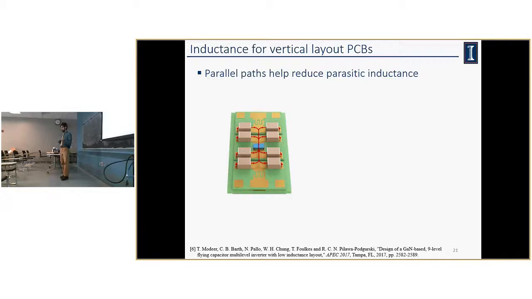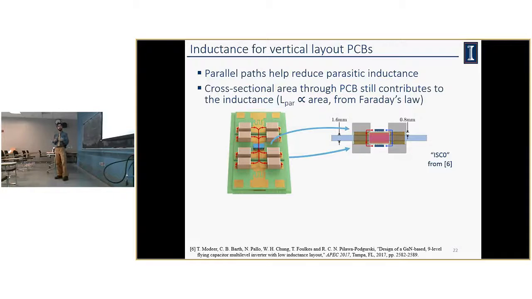In these designs, we've also seen how parallel paths from adjacent switching cells can effectively reduce the parasitic inductance. Unfortunately, in these designs, we see the cross-sectional area through the PCB still contributes to the inductance, where the inductance is proportional to the cross-sectional area.